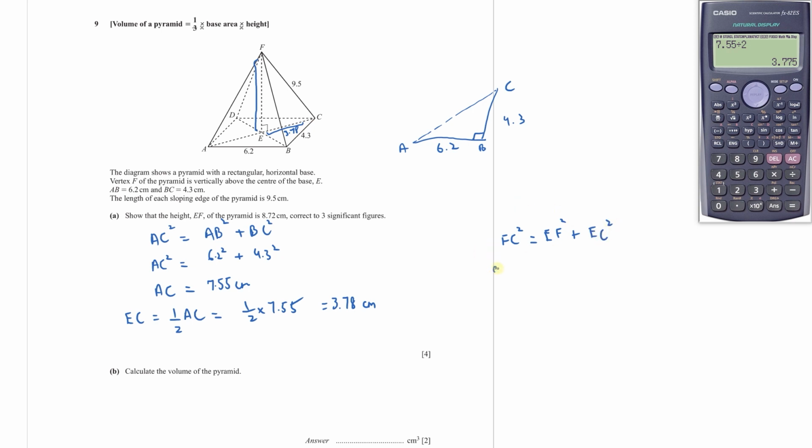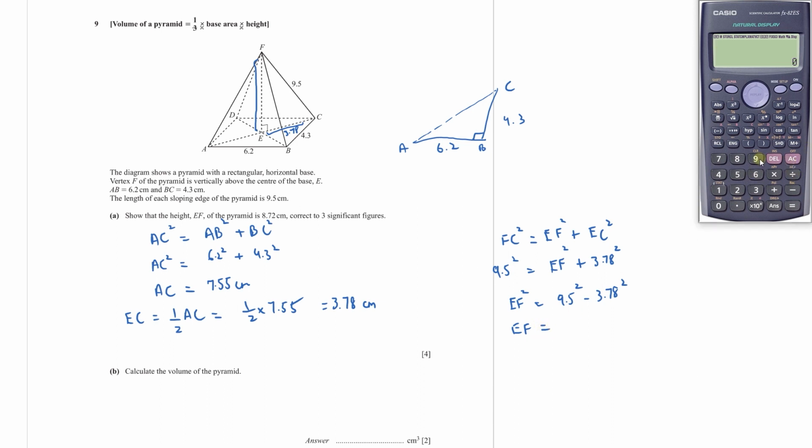Now FC is 9.5. EF is the height unknown that we need to find. So this will be EF square plus 3.78 square. So EF square is 9.5 square minus 3.78 square, and then this can give us EF.